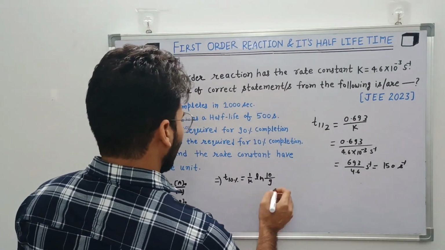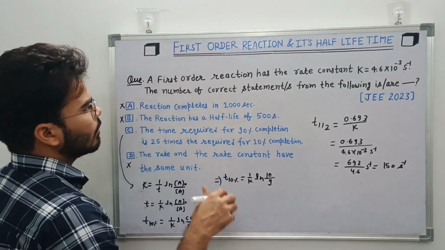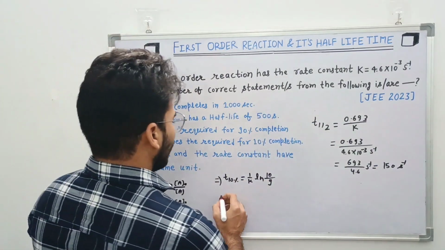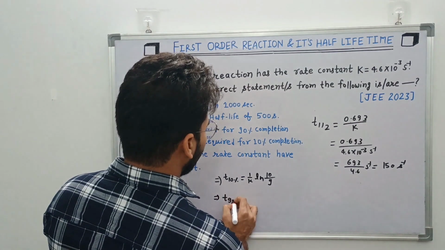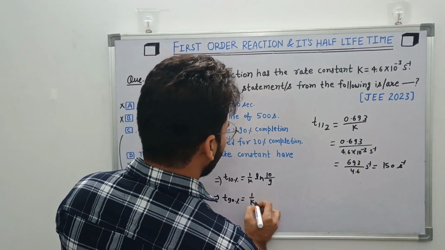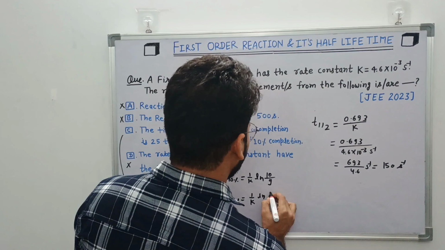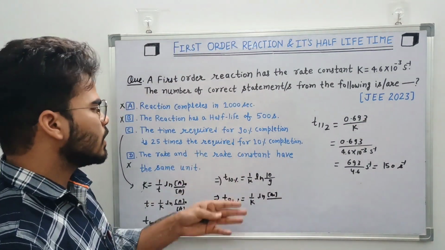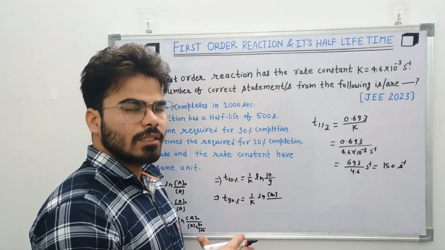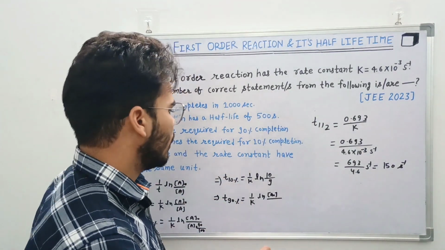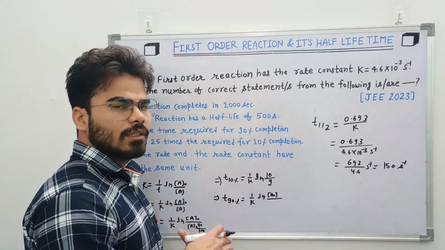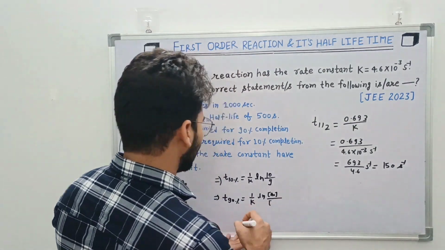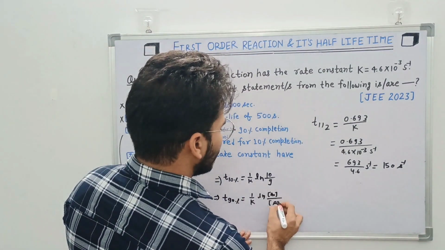Now we have to calculate the time for 90% completion of the reaction. We can write T 90% is 1 upon K ln A0 upon A. 90% completion means 90% of the reactant is converted into product, then 10% concentration of reactant remains. So our final concentration would be 10% of the initial concentration.